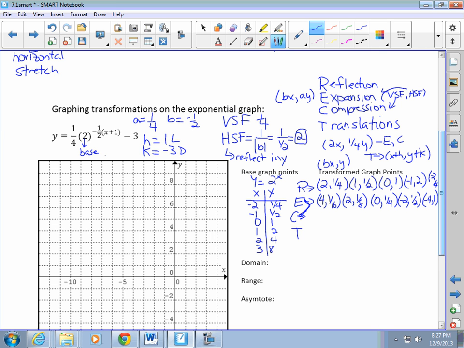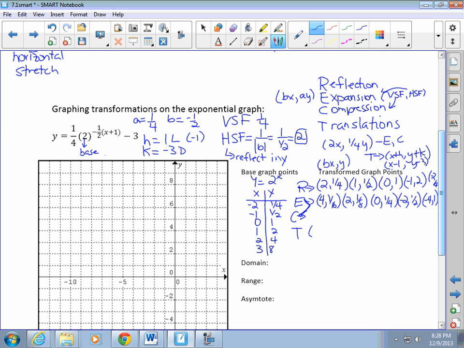So my translation then, in this case it's going to be x plus 1 to the left. So if it's 1 to the left, that means it's a -1. I'll just put this as a -1. So for this one it'll be x minus 1, and the y value was 3 down, so it's going to be y minus 3.